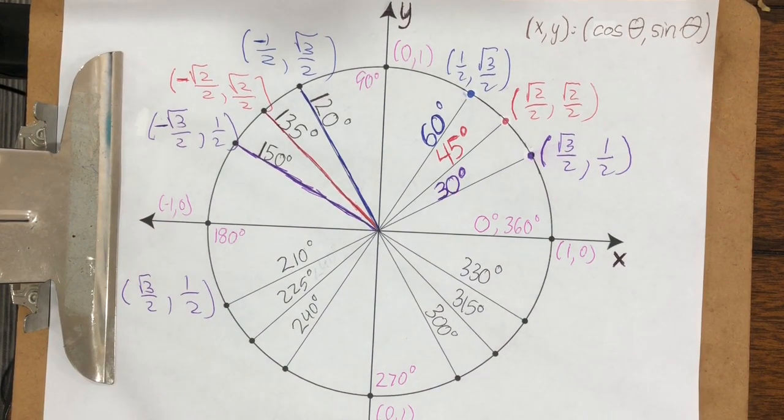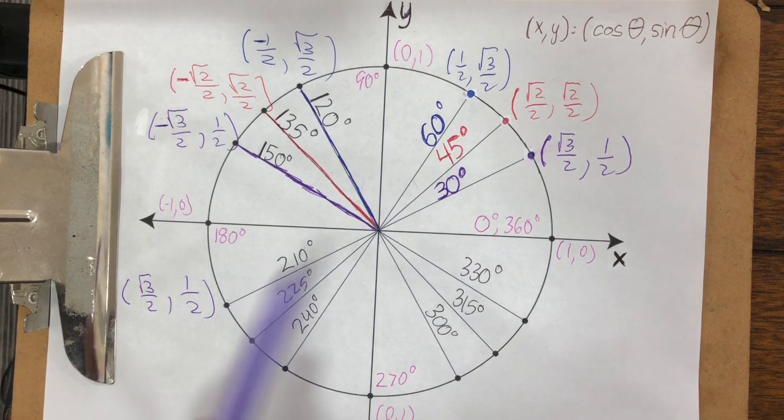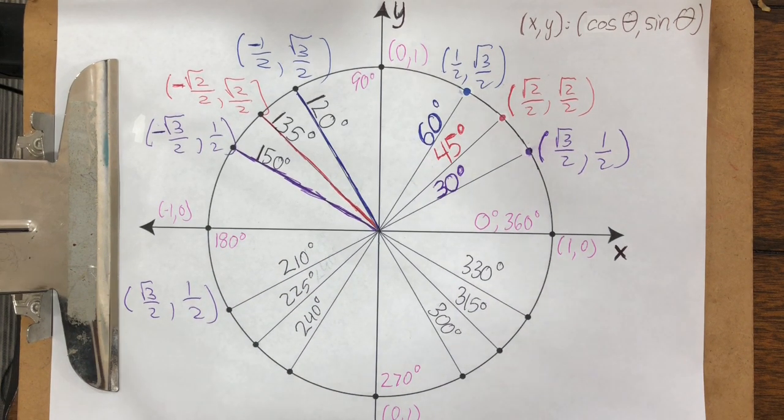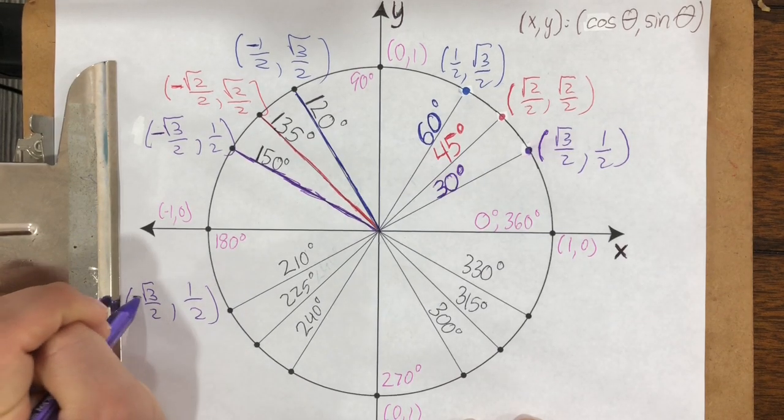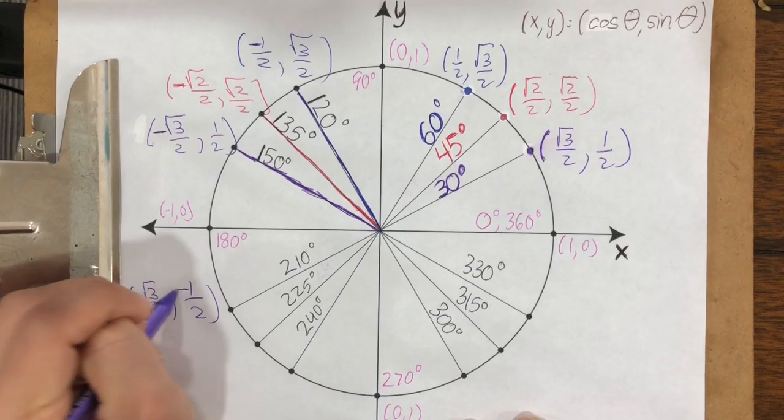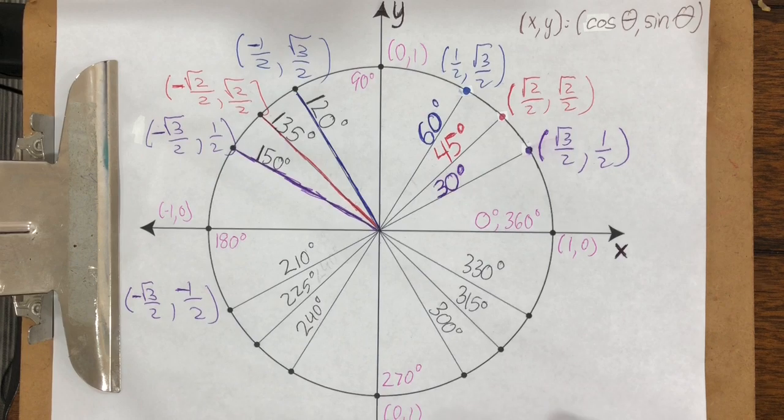Now, if you take a look at the position in quadrant 3, I'm going in a downward direction for my y-axis, and I'm still on the left side of the x-axis. And both of those sides represent the negative side. So both my x and y coordinates are going to be negative values. So I have negative root 3 over 2, comma, negative 1/2. All right?